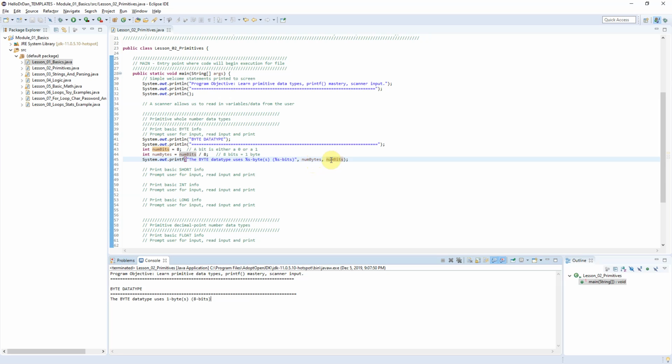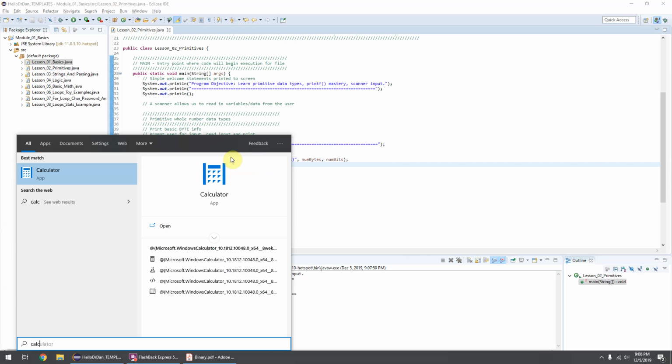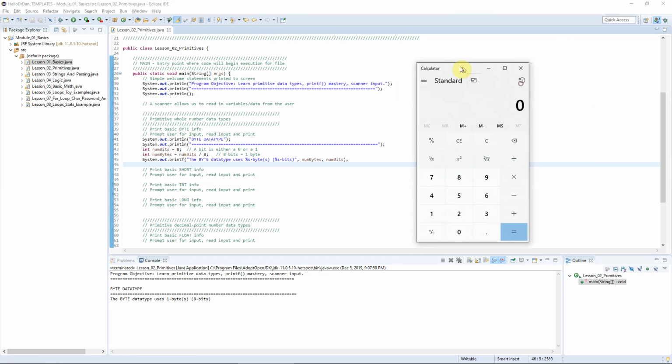Now, how many distinct values can I store in a byte of data? Well, let's go ahead and get out a calculator to help us out here.